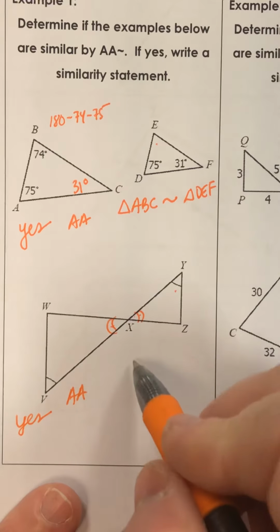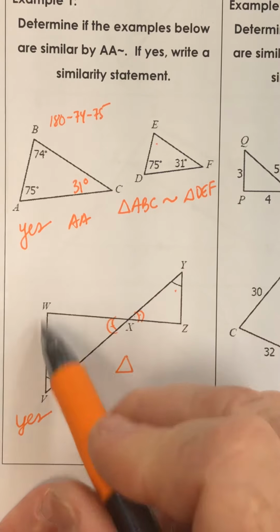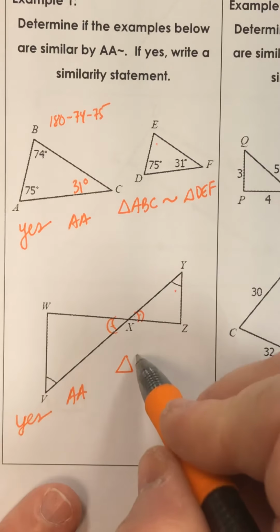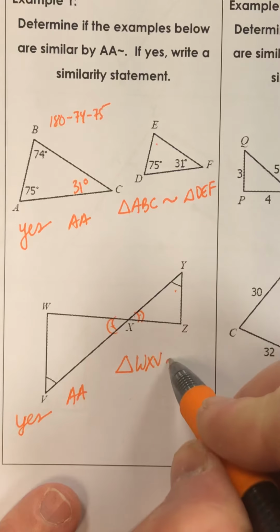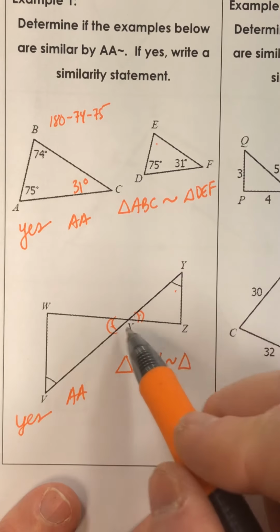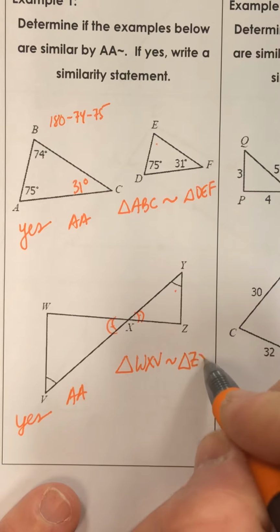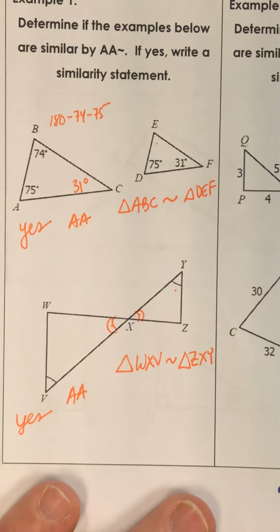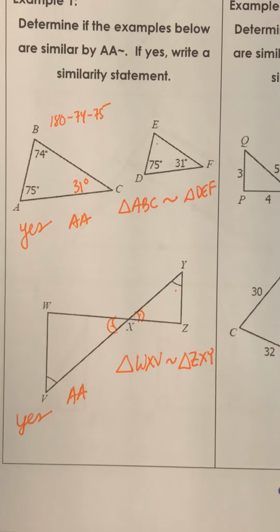So let's do a statement of triangle, and I'll do this one here on the left. Let's go WXV is similar to triangle, then that would have to make us go ZXY. Okay, now we get the idea.